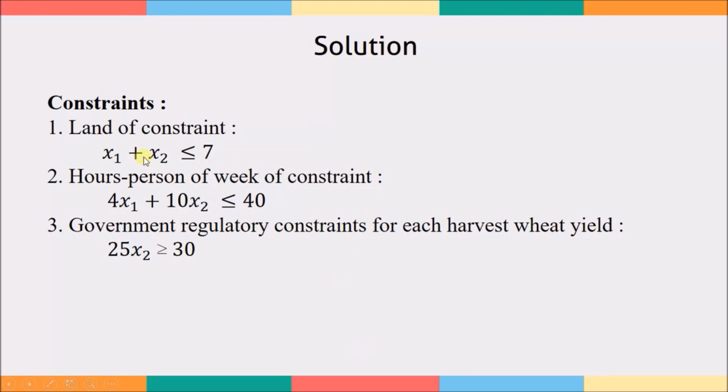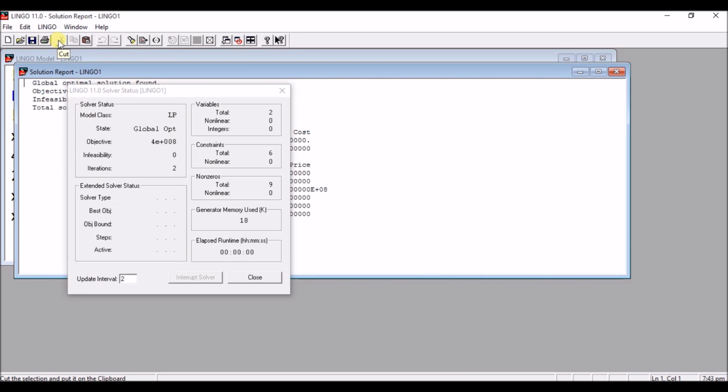And these are the constraints. Firstly, the land constraint, then the hours per week constraint, and third is the government regulatory constraint for each harvest wheat yield.